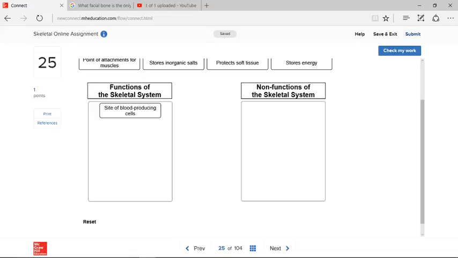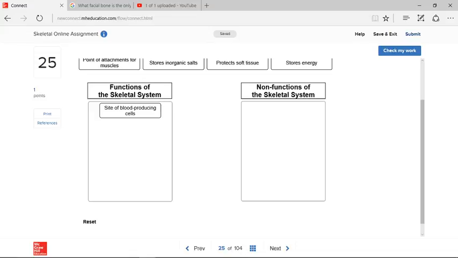So here we go. The bone, the shaft of the bone, the middle part, and the ends of the bone. The shaft is called the diaphysis, right? And the outer parts of the bone, the two ends, are called the epiphyses, right? Google the ends of the bones and you'll find out how to spell it.